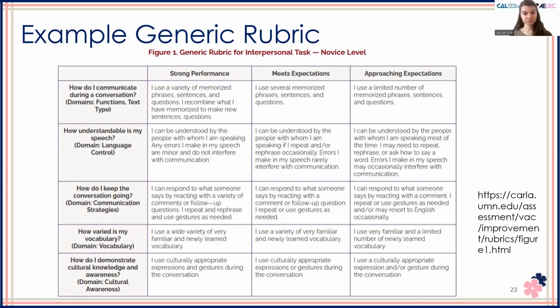So that's pretty generic, right? So what does culturally appropriate expressions and gestures mean? That could vary depending on what the specific student is trying to do, or that could vary across different languages. But the teacher could determine that, know that in their mind for each task, and use this same rubric across many tasks.